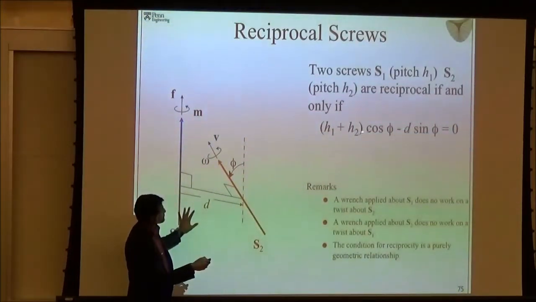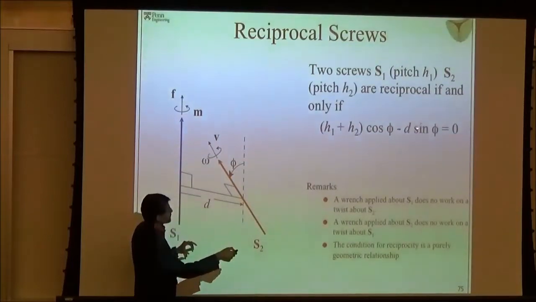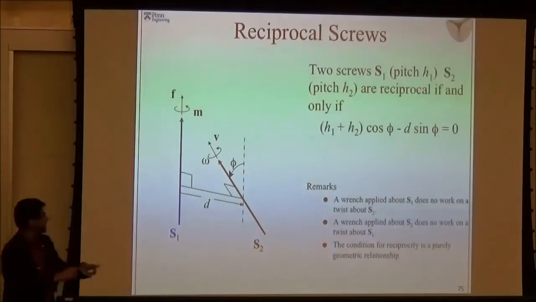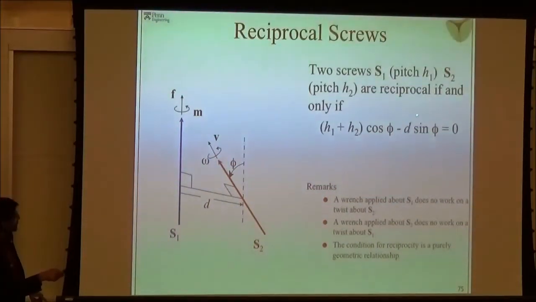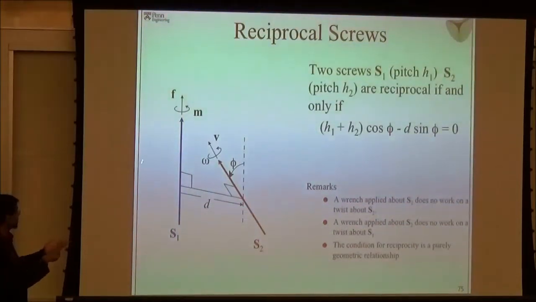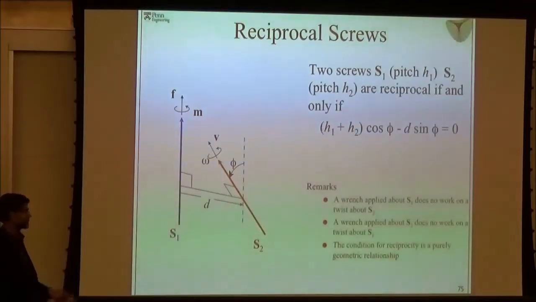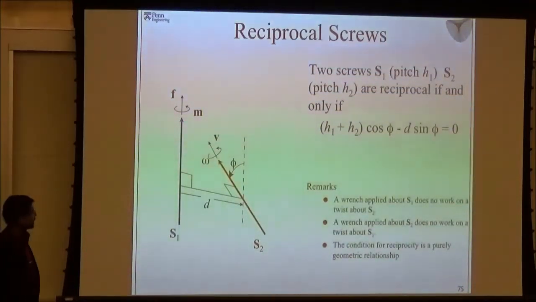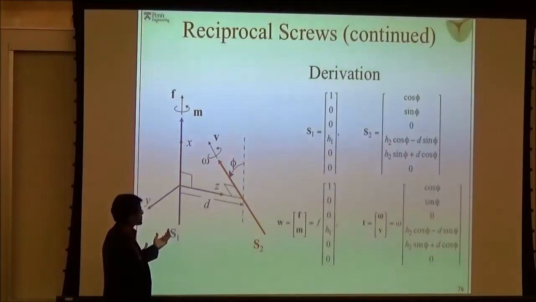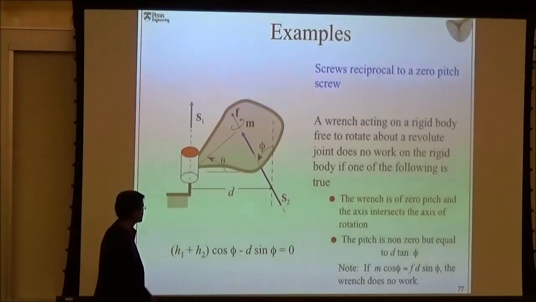So this says that if you take the pitch of one of these, which is H1, the pitch of the other one, which is H2, and if you look at the angle between them and the distance between the two axes, which is D, if this equation is satisfied, then a wrench about one of these cannot do work about the twist about the other one, or the other way around. A wrench about this cannot do work about the twist of the other. So this is, again, a useful concept, and I'll skip this derivation and give you some examples instead.